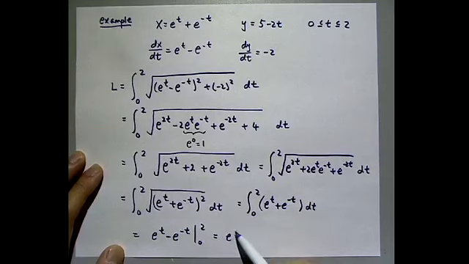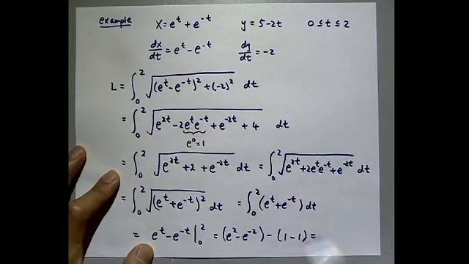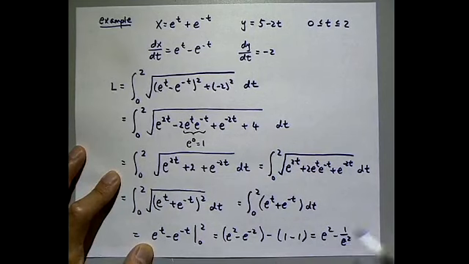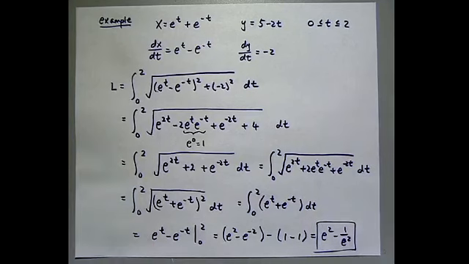So that's e squared minus e to the minus 2 minus 1 minus 1. That's a 0. So we get e squared minus 1 over e squared. All right, so that's how long that curve is.